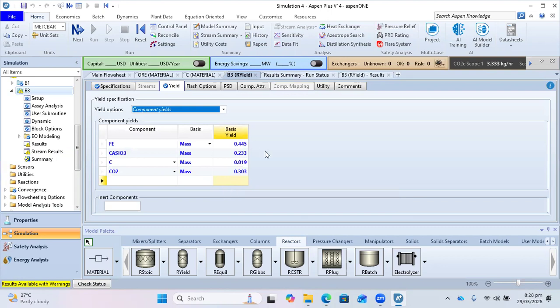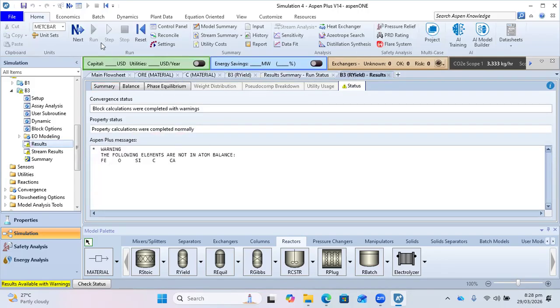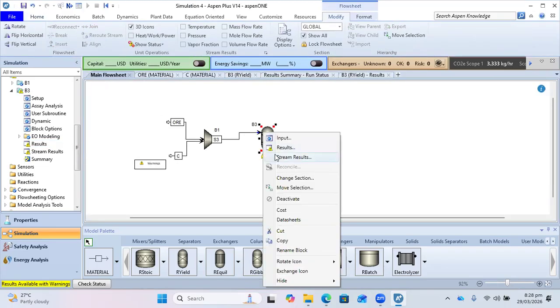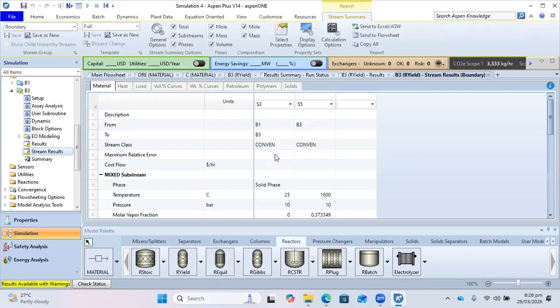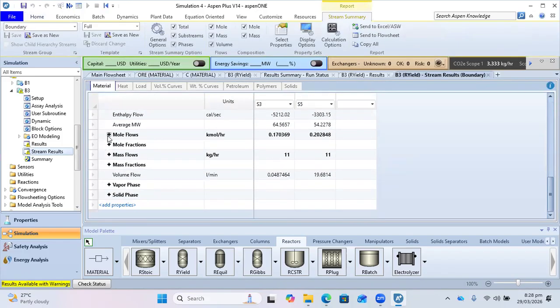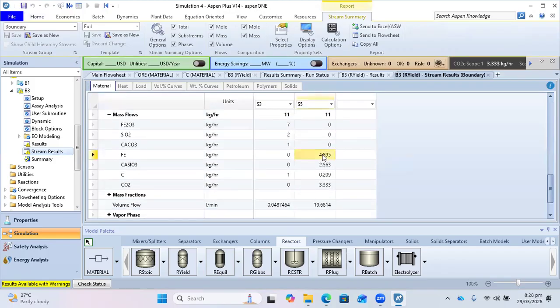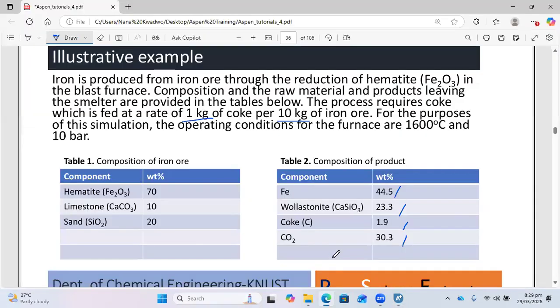But when we are considering extremely small decimals, sometimes we need to make this 0.4444449 or something, right? So that's why you may have some of those issues. But if we check the stream results, we realize that what we have is still fairly good enough. So let's check the stream results and the mass flows. This is how much iron, wollastonite, carbon, and carbon dioxide we are going to get produced.